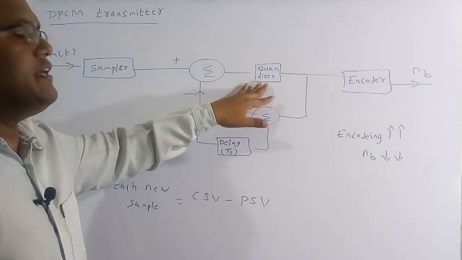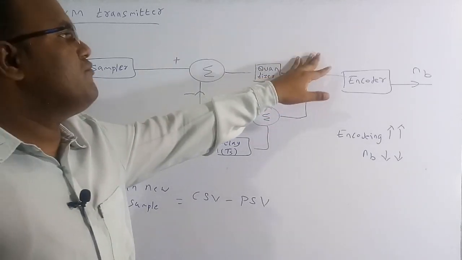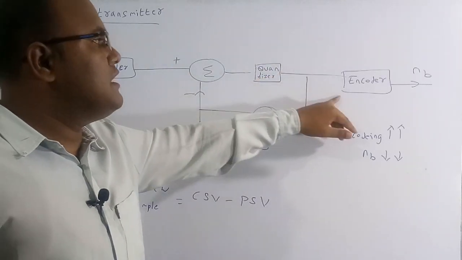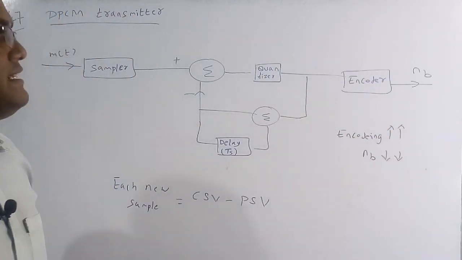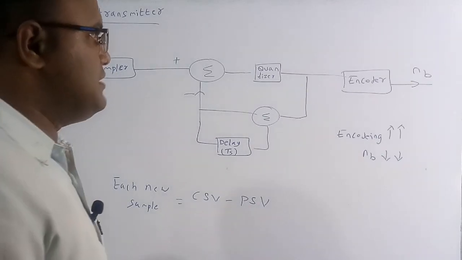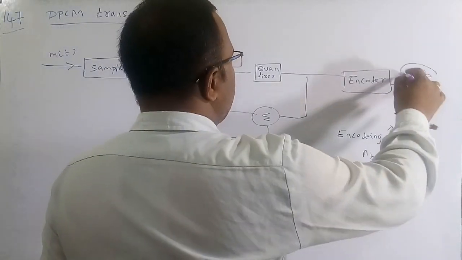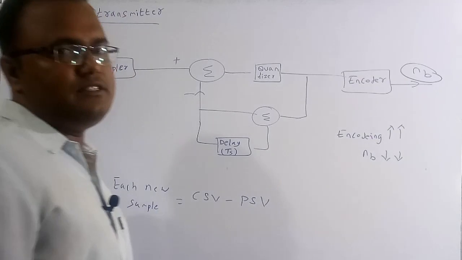So with the help of quantization levels, we give a finite number of levels here. Then we use the encoder and convert them into digital signals, or we can say a number of bits. So this NB represents the number of bits present in the output of this encoder.